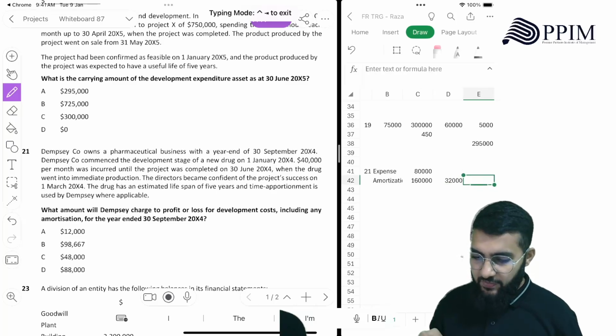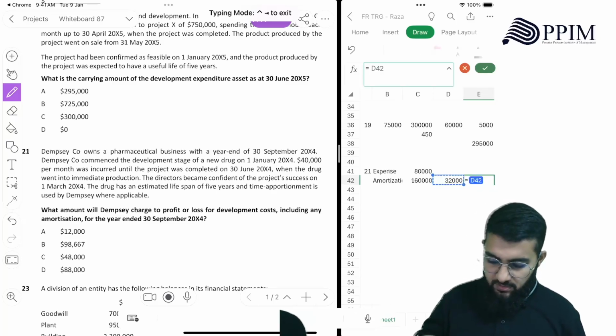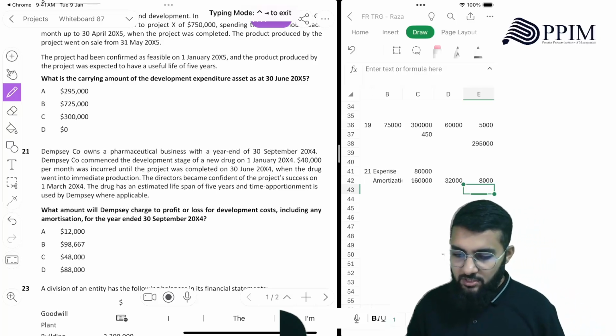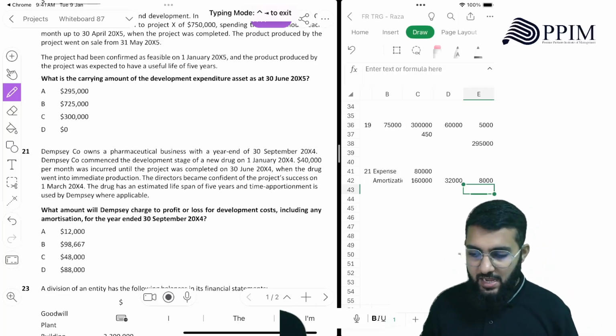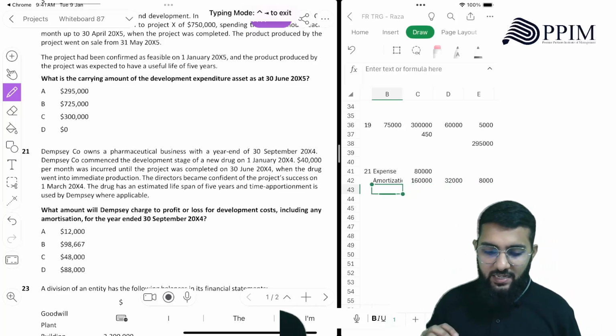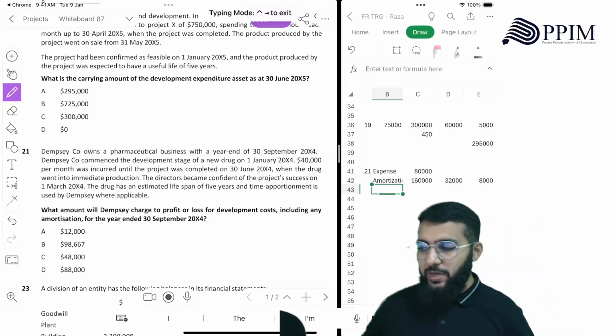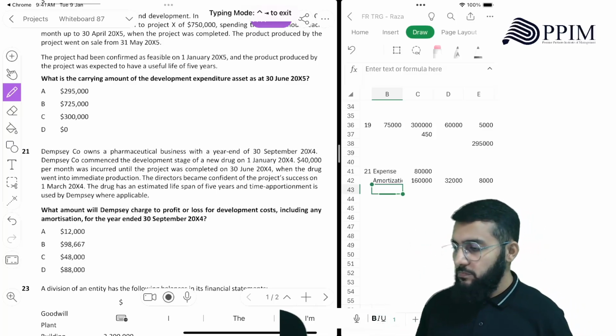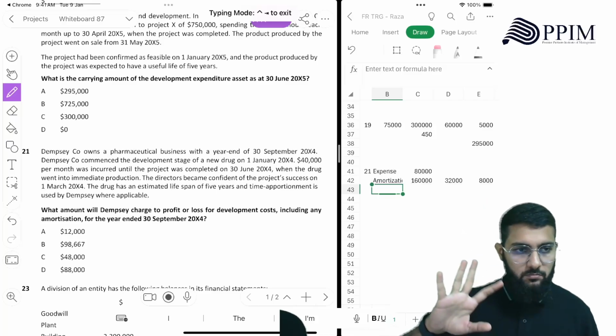Out of this 5, we take 3 months related. So what's the total? 80 plus 8, 88,000. We have that option. 21 is D. Is that clear, guys? Clear? Right.